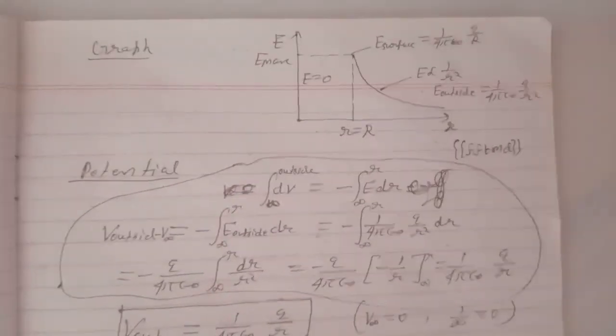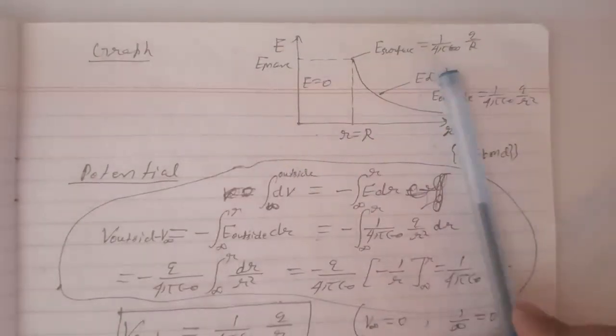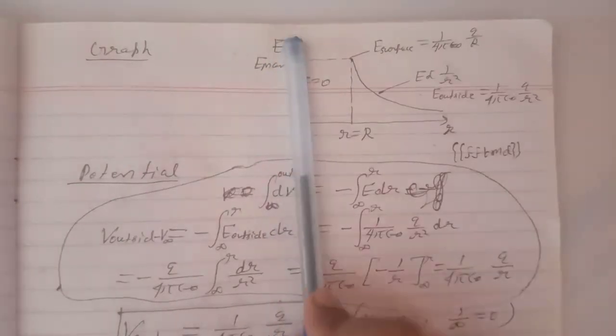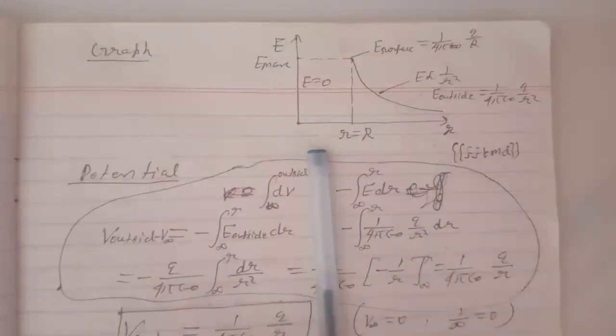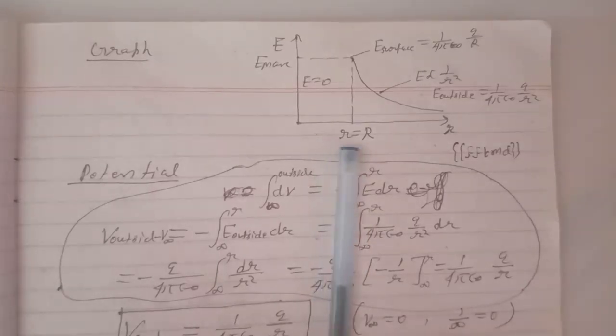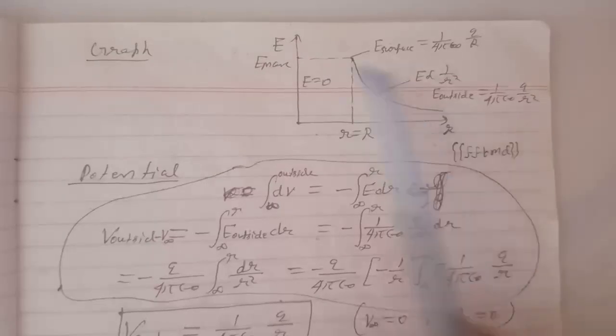The graph for the electric field of a conducting hollow sphere is shown here. On the y-axis we represent the electric field, and on the x-axis we represent distance. Now the graph is like here.